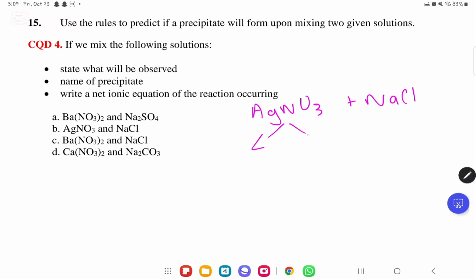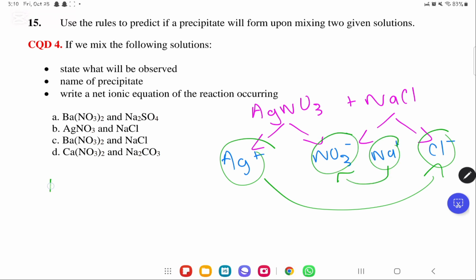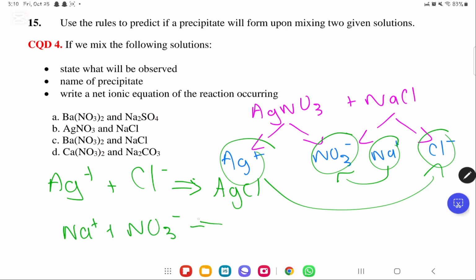First step, we're going to separate them into their ions. Okay, Ag becomes Ag plus, NO3 becomes NO3 minus, Na plus and Cl minus. Then as we did before, we're going to switch every cation with the other anion. And so now what do we get? We get two things, which are Ag plus Cl minus will give us AgCl, okay? And then Na plus NO3 minus will give us NaNO3, okay?